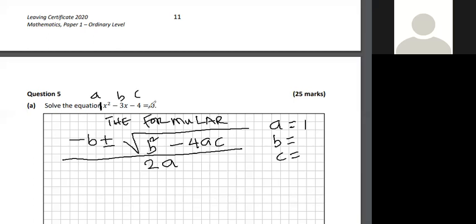Don't do that. If you do that, you might forget this negative sign. So label them out. Your b equals to minus 3. And your c equals to minus 4.